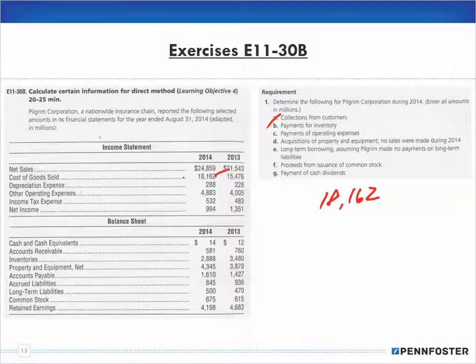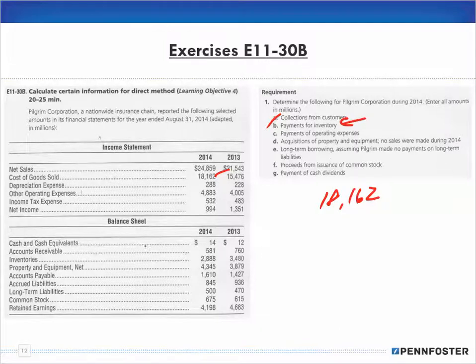Even though this says payment for inventory, why am I starting out with cost of goods sold? Because we're looking at our payments for the inventory. We're selling something out of inventory. When we sold it out of inventory, what was the entry for it? Cost of goods sold. That's why we're starting with the cost of goods sold.